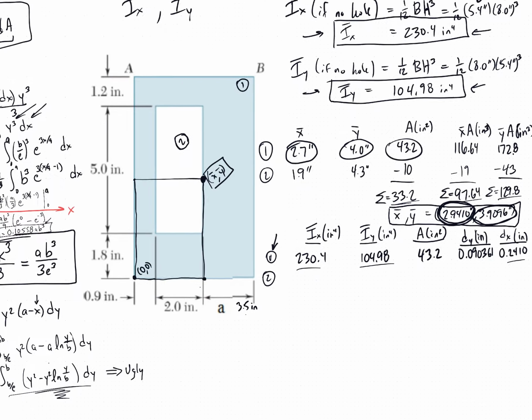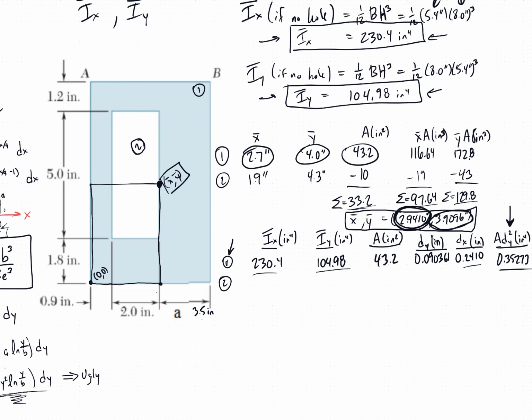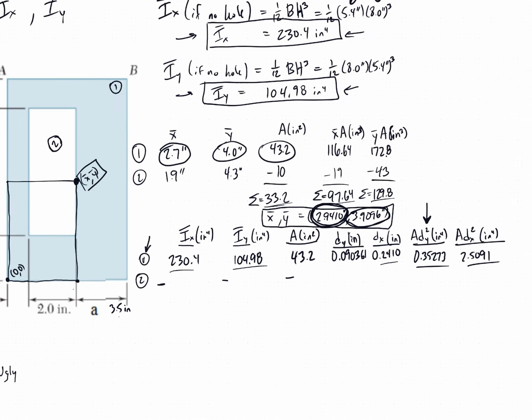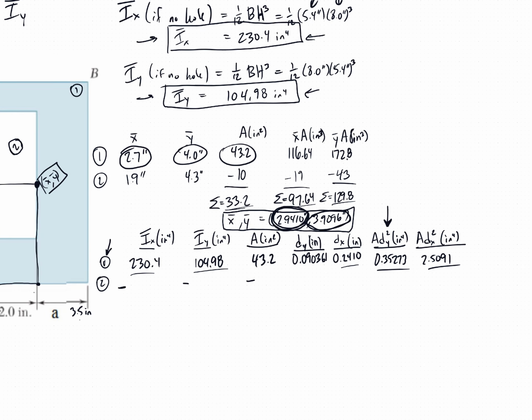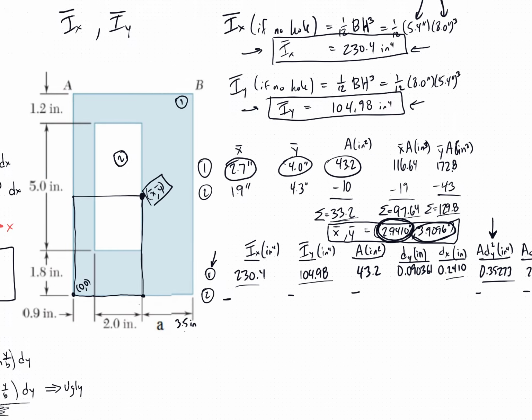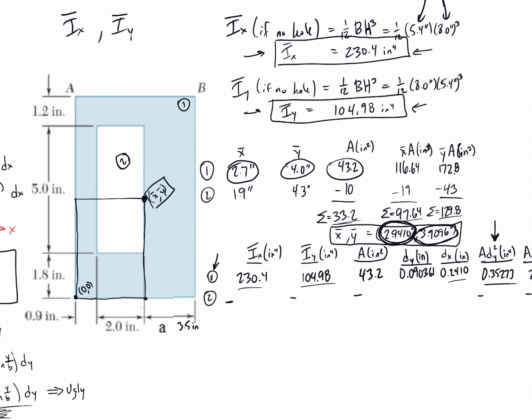Now we're going to do the second part, this little double bit, this little thing, and we've got negative values here, here, here, and that's going to lead to having negative values here and here. So it's a rectangle, Ix bar.